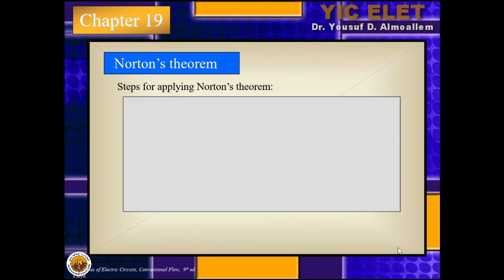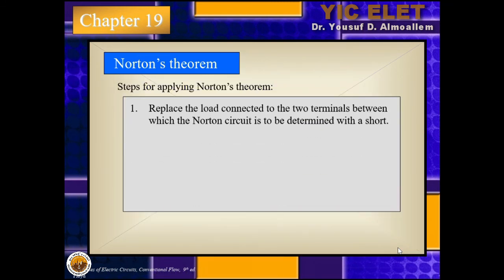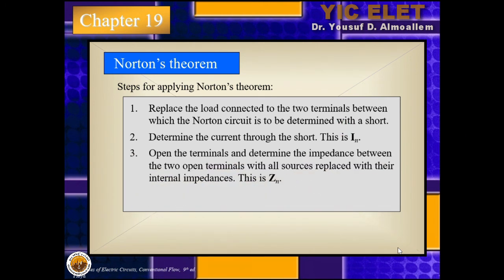So in summary, the Norton theorem's steps are: first of all, replace the load connected to the two terminals between which Norton circuits with a short circuit. So in the Thevenin, we replace it with the open circuit. Here we replace it with short circuit. Second, determine the IN, which is the current through that short circuit. Third, take off that short circuit line and take off that resistance load.